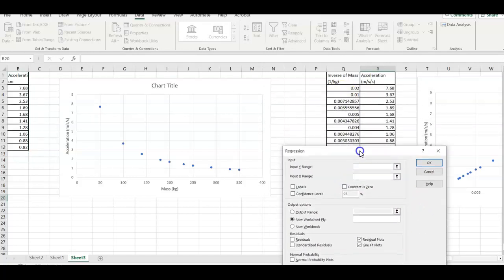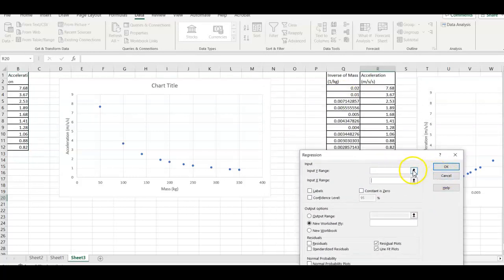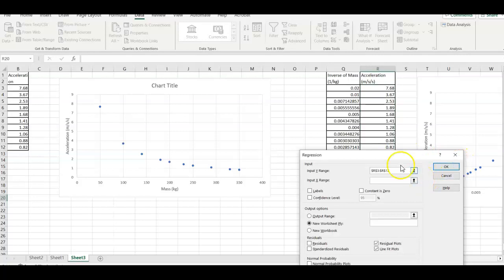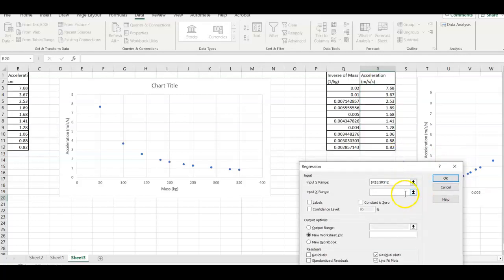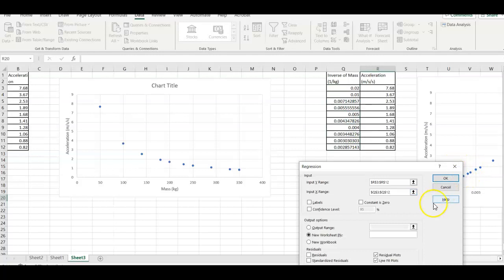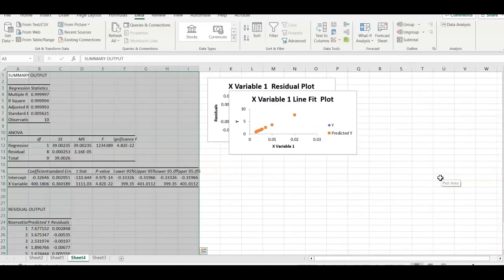Okay, so on my y range, I want to put the acceleration because that is what's on the y-axis of my graph. For the x range, I'm putting the inverse of mass. Make sure that you put check boxes for residual plots and line fit plots, and then say OK.